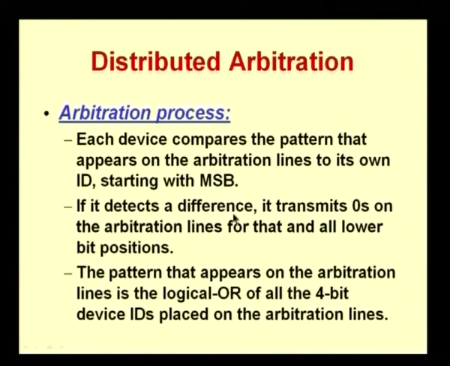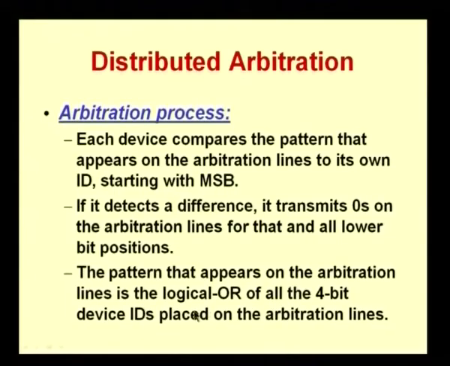If it detects a difference, that is between its ID and what is actually there on the bus, then it transmits zeros on the arbitration lines for that and all lower bit positions. That is, if it detects a difference at a particular bit position, starting from that bit position onwards and for all the lower bit positions, it will transmit zeros. The pattern that appears on the arbitration lines is the logical OR of all the 4-bit device IDs which are placed on the arbitration lines.